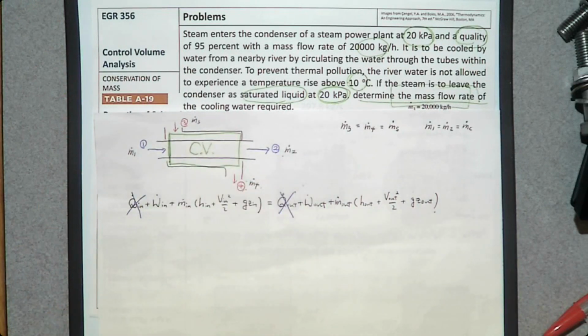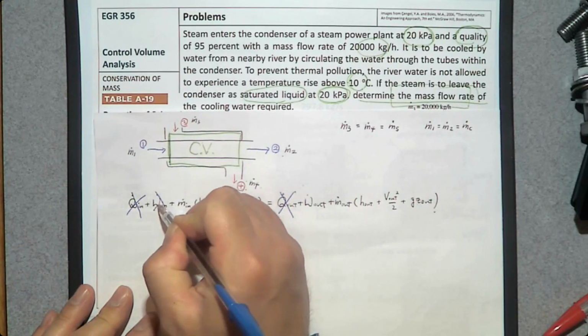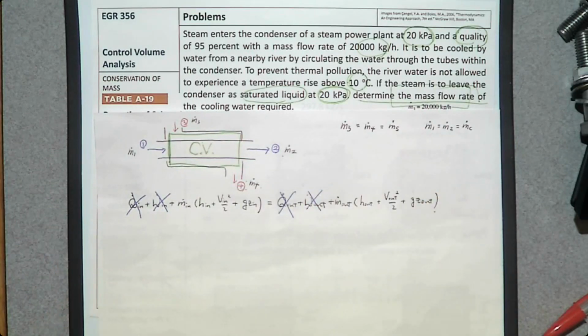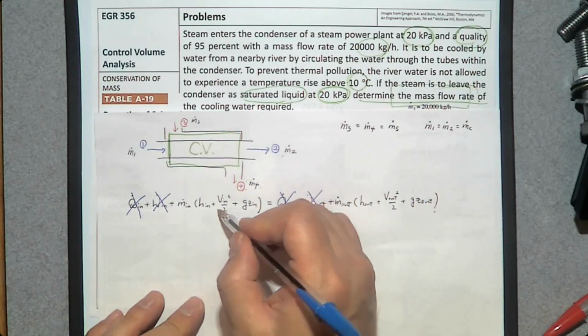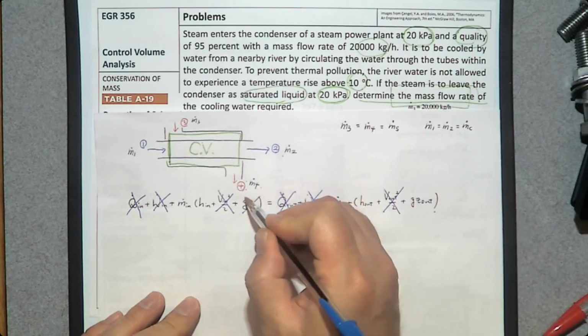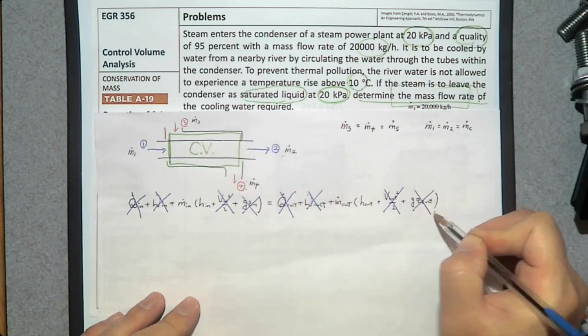Does it produce any work, or does it consume any work? No, there is no energy transfer by work. So you can neglect W dot in and W dot out. Any significant kinetic energy change? No, so you can neglect kinetic energy change. Potential energy change, you can neglect that too.